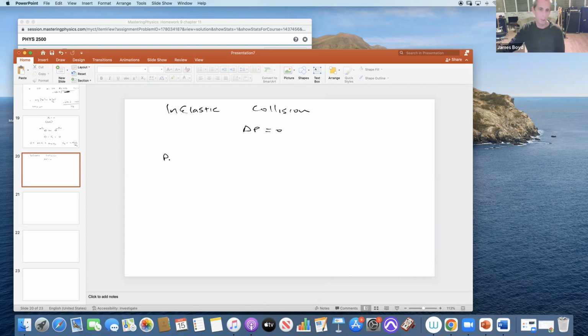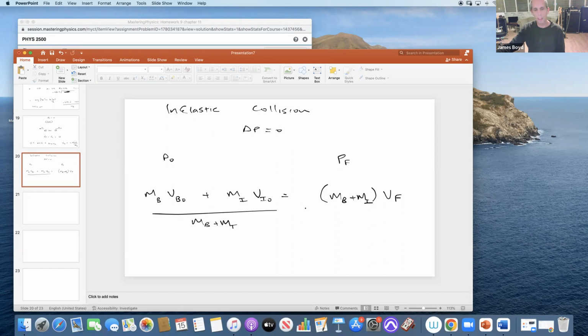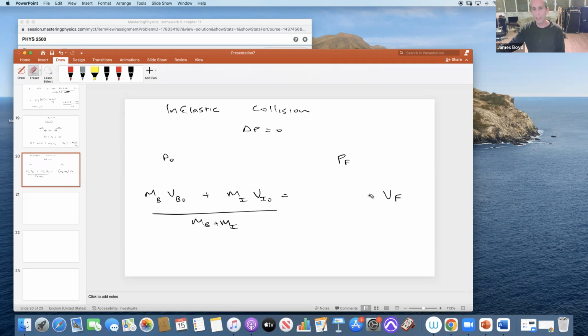But the initial momentum is the mass of the bird, the velocity of the bird, plus the mass of the insect, the velocity of the insect. And then afterwards, the insect is in the bird's belly. So they have some V final. By dividing through by mass of the bird plus mass of the insect, I can find the final velocity.